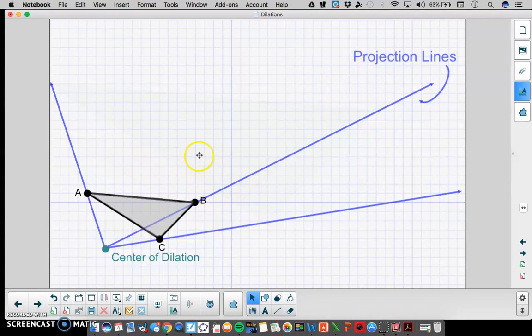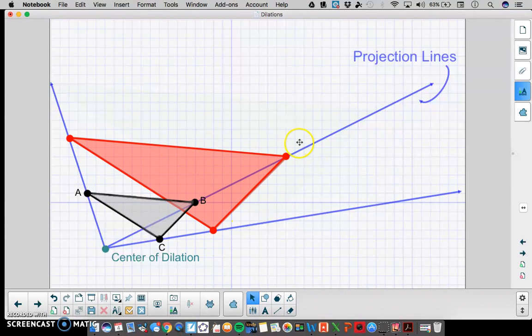So I'm going to show you a dilated figure. Notice each one of those points is on the projection lines. So our new point A, which we would call A prime, and we would denote that by A with an apostrophe. Notice the red point here is on the projection line, and we could actually use slope to find it. Counting the slope from that center of dilation, we would go up 1, 2, 3, 4, 5, 6, and to the left 2.